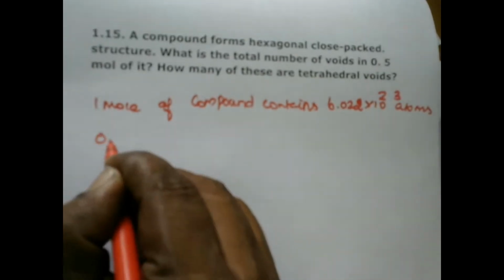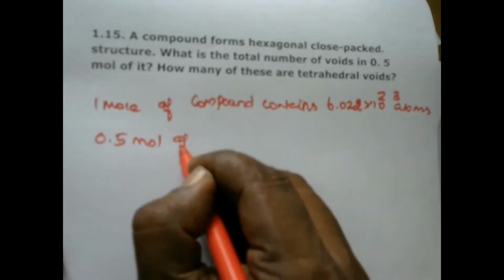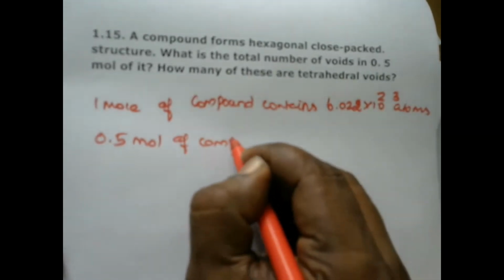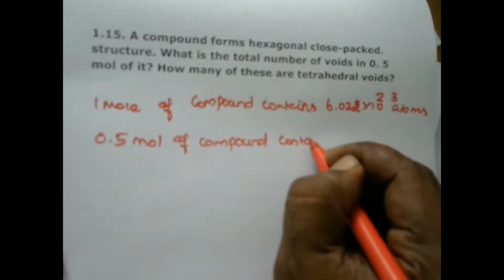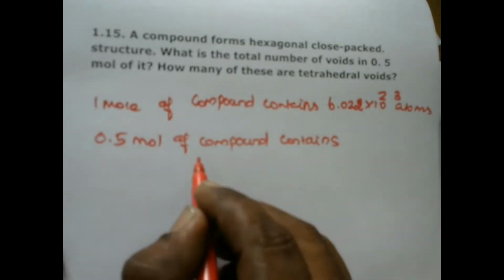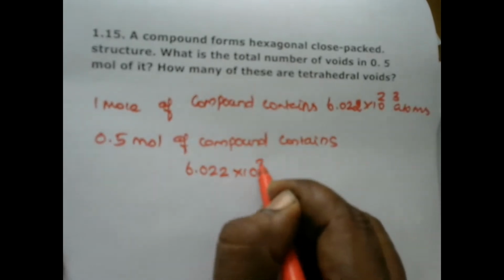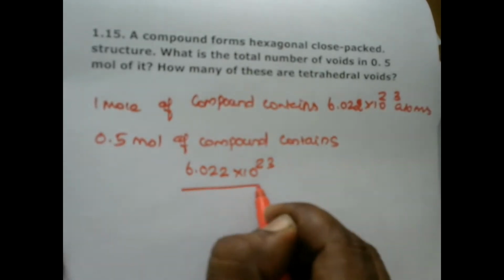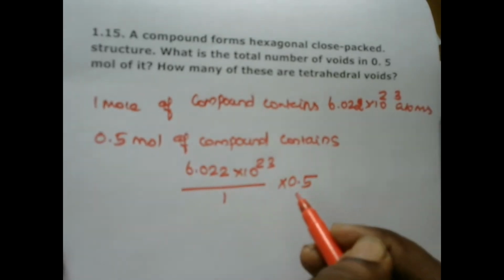So 0.5 mole of compound contains how much? By the unity method, that is 6.022 into 10 to the power of 23 divided by 1, into 0.5.